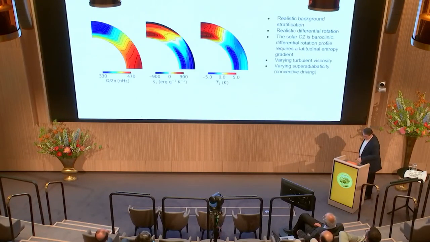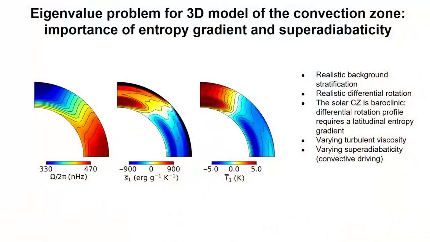So now we go to the next step. And this is work done mostly by Yuto Beki at our institute. He tried to take into account all the physics and to solve the eigenvalue problem in 3D, or more precisely in 2.5D, because we assume the e^{imφ} dependence of the mode.